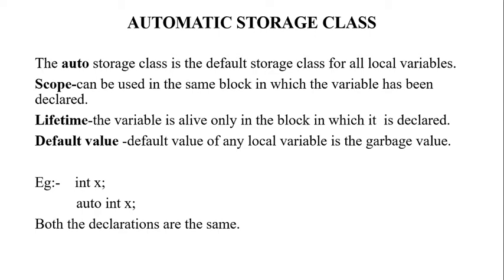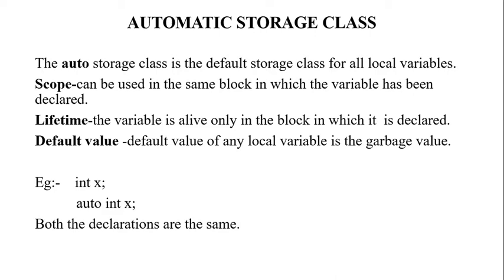Automatic storage class variables are local variables. The default value of a local variable is a garbage value. So these are the three things that we need to remember regarding the automatic storage class: scope is the same block itself, lifetime is that the variable is alive only in the block in which it is declared, and the default value will be a garbage value.